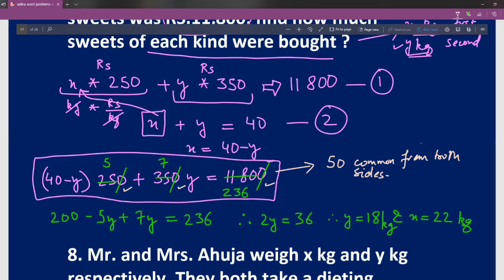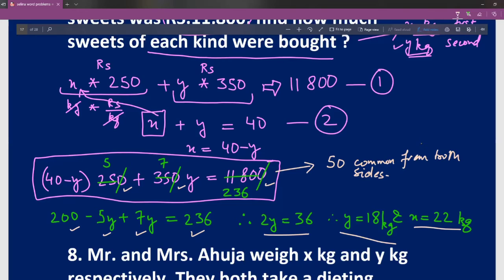So my equation became 200 minus 5y plus 7y is equal to 236. I need to solve this. Simpler to solve. So y is equal to 18 kg and x is equal to 22 kg. So this is my answer.